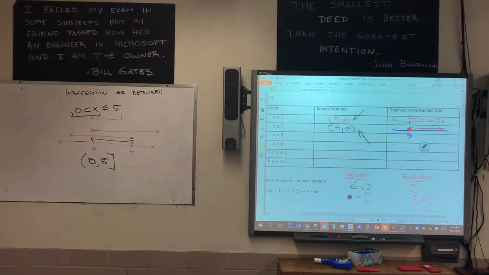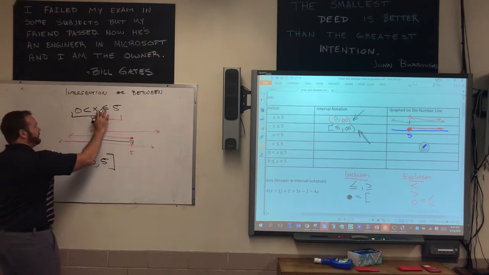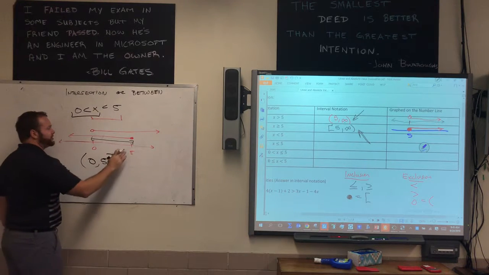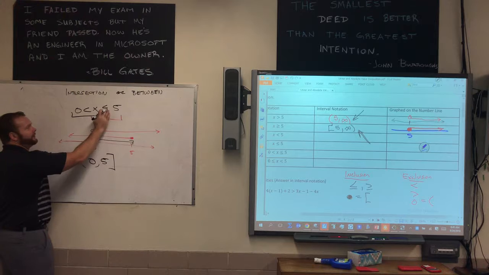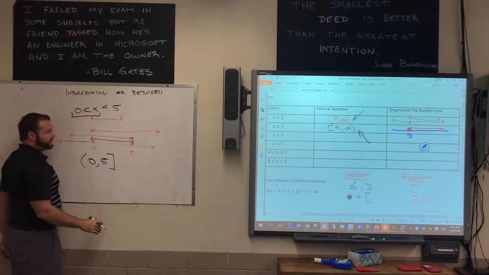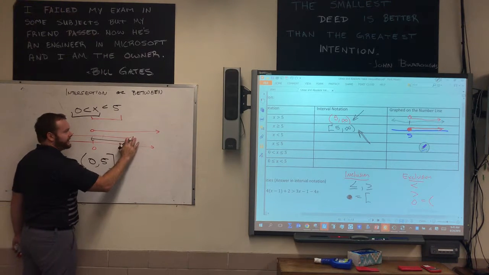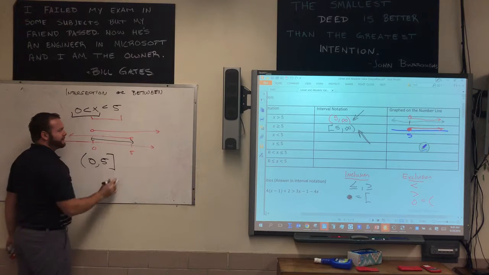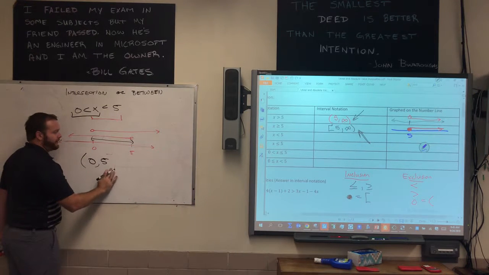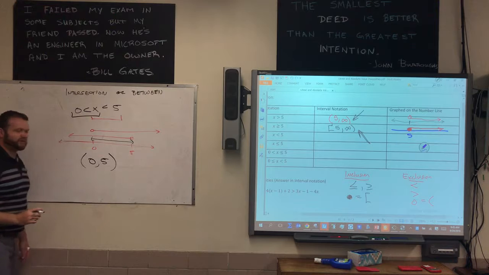Here's a question. And this is just where you've got to kind of think instead of just being a robot and looking at things and saying, well, this is what we've been doing, and you get yourself in trouble. If that was an open inequality, meaning that dot's got to be open, maybe meaning that's got to be a parenthesis then, right? And then I put a parenthesis there, right?